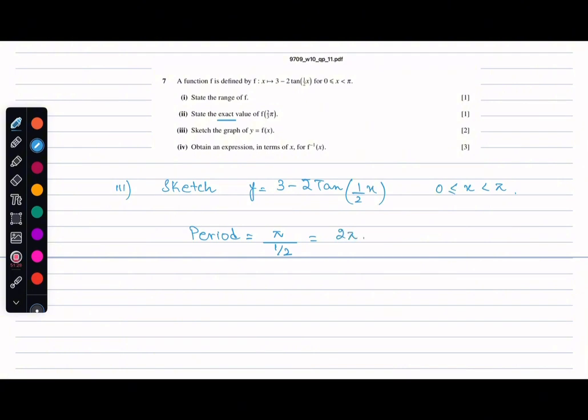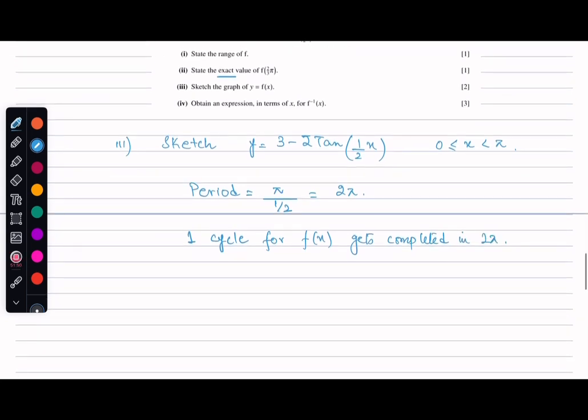Meaning, in this case, one cycle for this function f of x gets completed in 2 pi. And we have to sketch the graph only for 0 up till pi. Therefore, the first thing was to get the period, and the second thing is to get the interval for this graph.